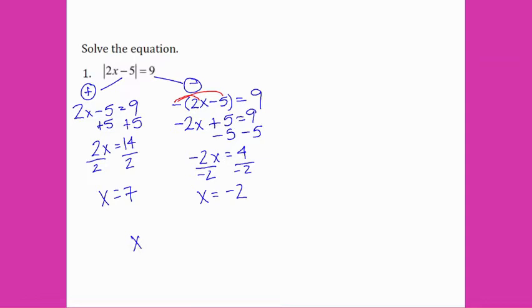Our answer could be written as x equals, and then put each value separated by a comma, or you can use curly brackets and make a list of numbers.